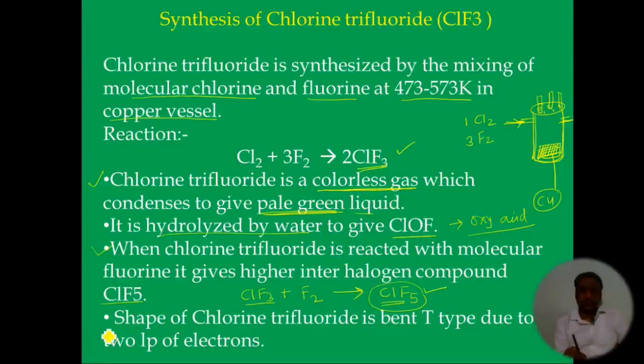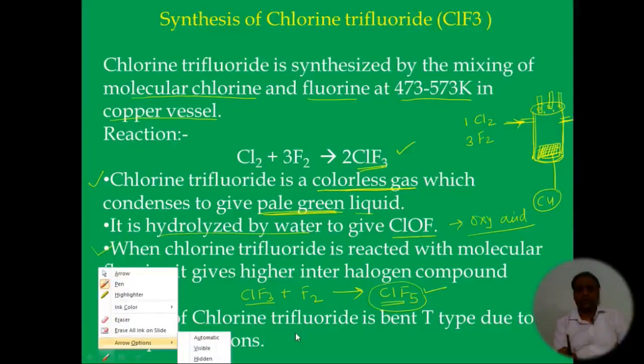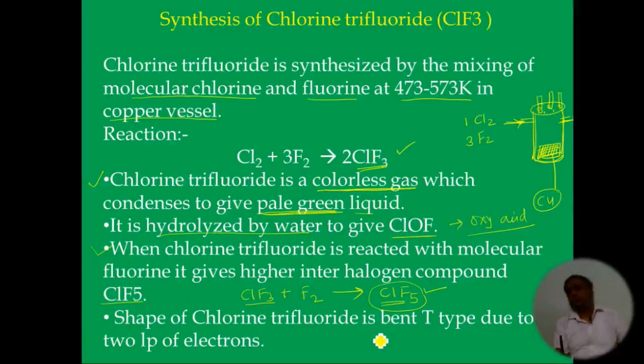The shape of chlorine trifluoride is bent T-type due to the 2 lone pairs of electrons. So if you want to see the shape of chlorine trifluoride, it is a T-type or bent T-type.